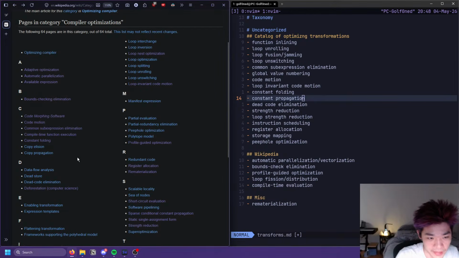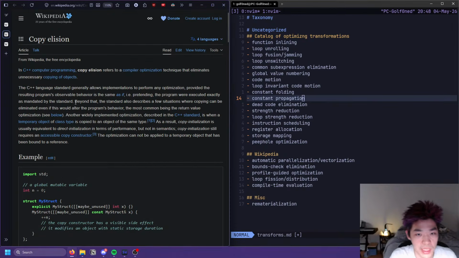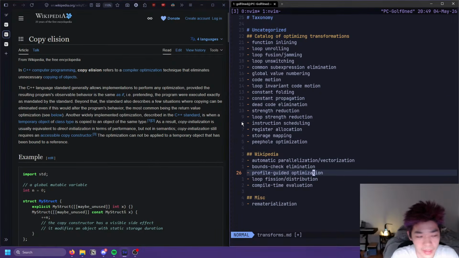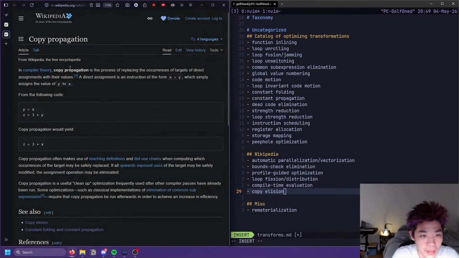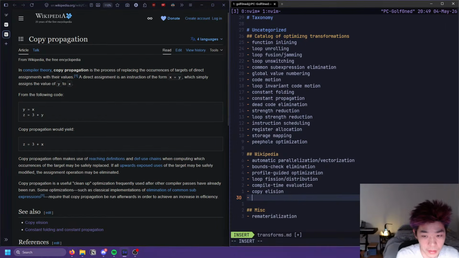Constant folding, yeah, we've done that. Okay, copy elision, copy propagation. We have not looked at those yet. Okay, copy elision, MLIR dialects. Oh man, that's scary. And then copy propagation. Okay, that makes sense.